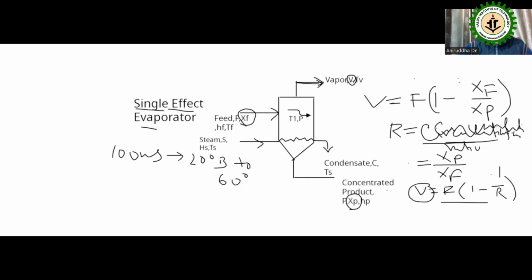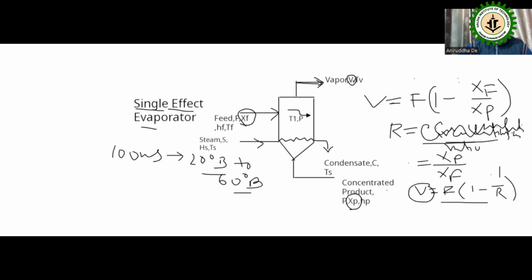What is degree Brix? I think all of you know degree Brix is the amount of soluble sugar per 100 kg of solution. That is known as the degree Brix, and that is measured by the refractometer.